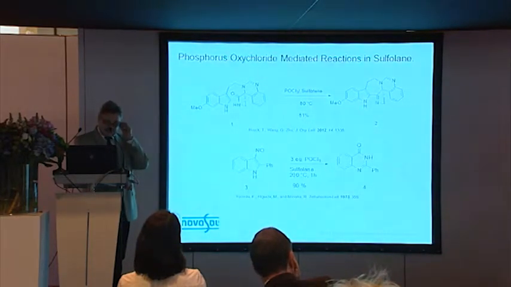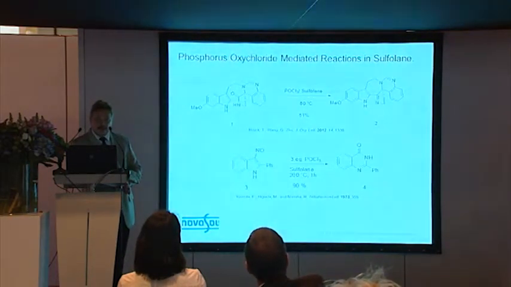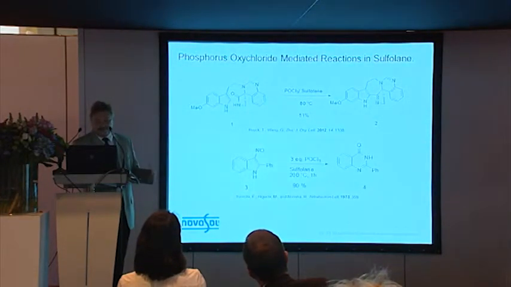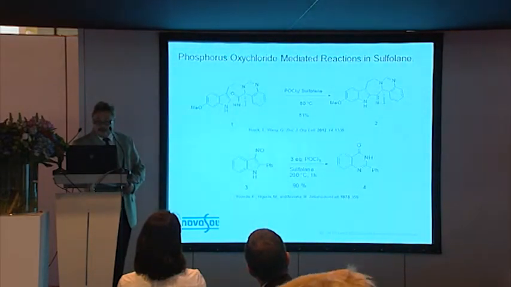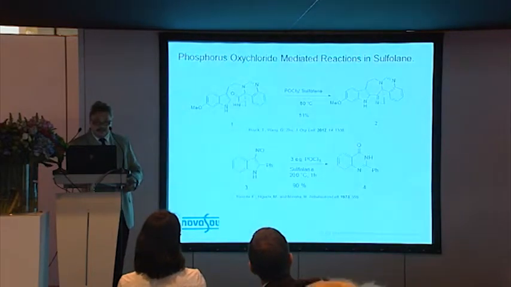In the best case was NMP, which gave 10% of the product. And the reaction in sulfolane was run at 80 degrees, and they obtained 51%.